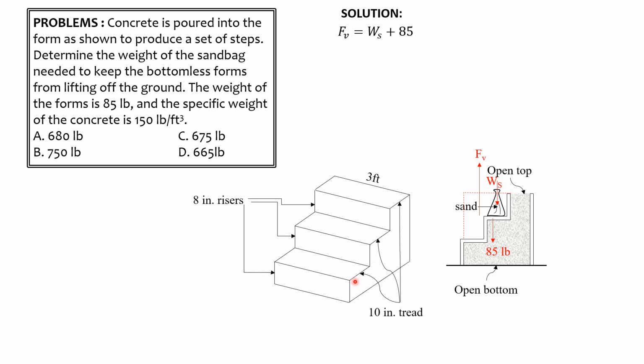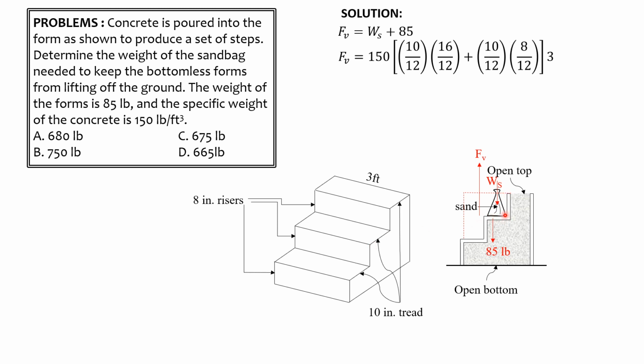So this is 10 over 12 times 16 over 12, since 8 plus 8 is 16, plus this area here, which is 10 over 12 times 8 over 12. So 150 pounds per cubic foot times 10/12 times 16/12 plus 10/12 times 8/12. Then the length perpendicular to the screen is 3 feet as given here. So this is consistent. This must be in pounds. So computing that, that is equal to 750 pounds.